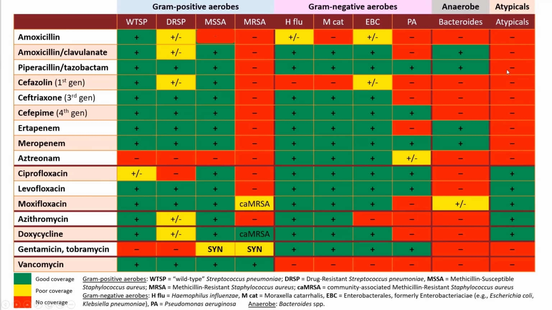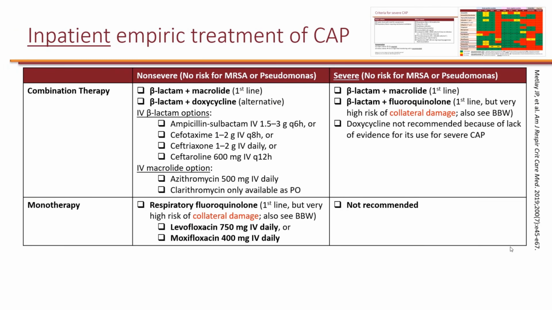So by combining the beta-lactam with either azithromycin or doxycycline, you also get that extra atypical coverage. And in the literature, we have seen that this combination can actually reduce mortality. So here are the IV beta-lactams that are listed.